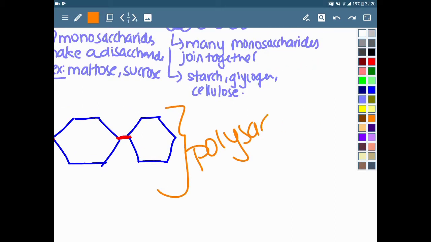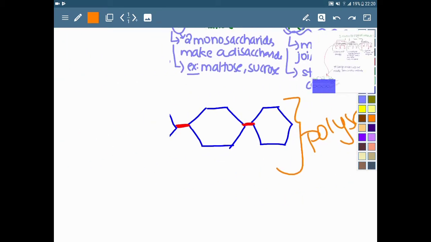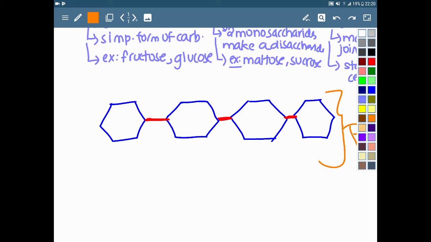And these red things connect the monosaccharides.